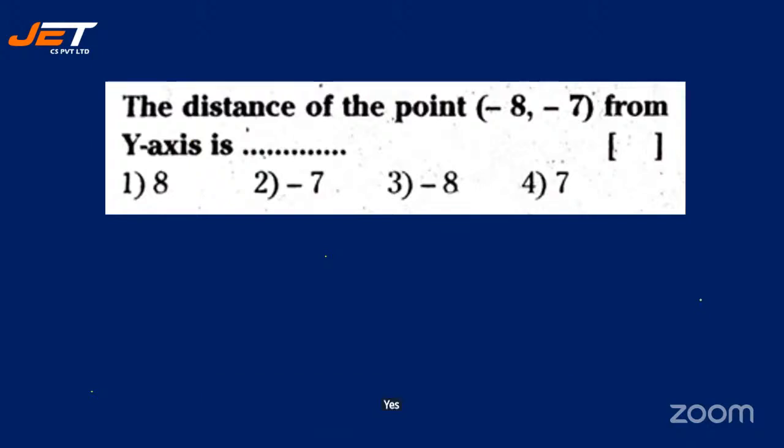The distance of the point minus 8 comma minus 7 from y-axis is dash. How do you find out the distance?